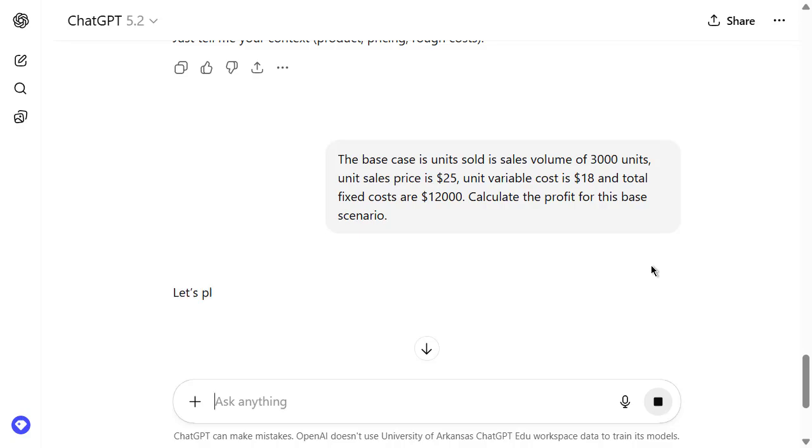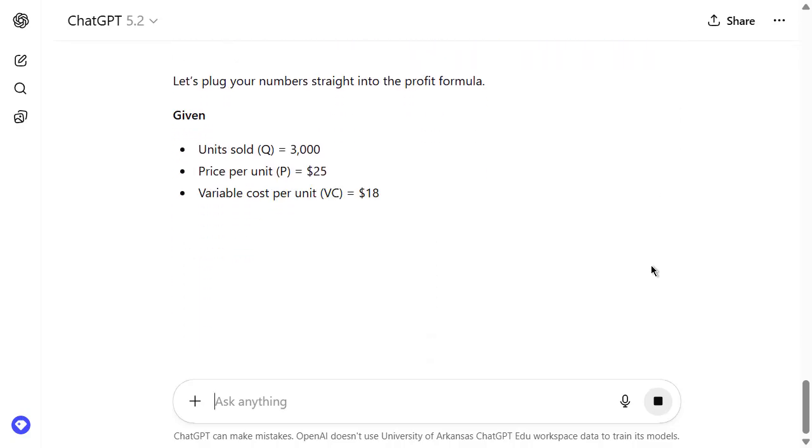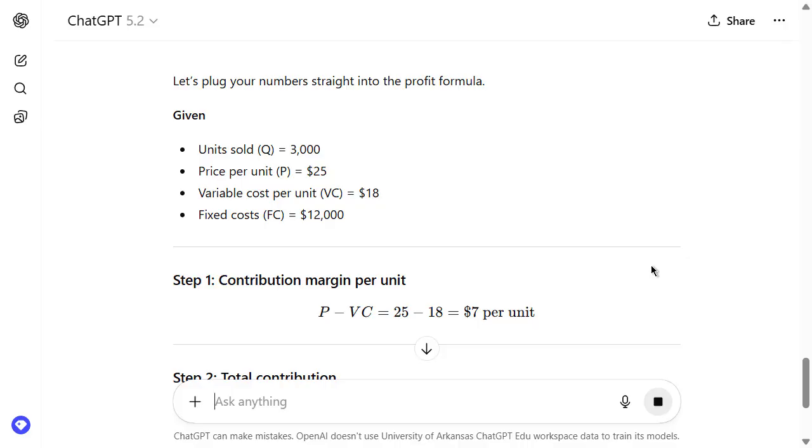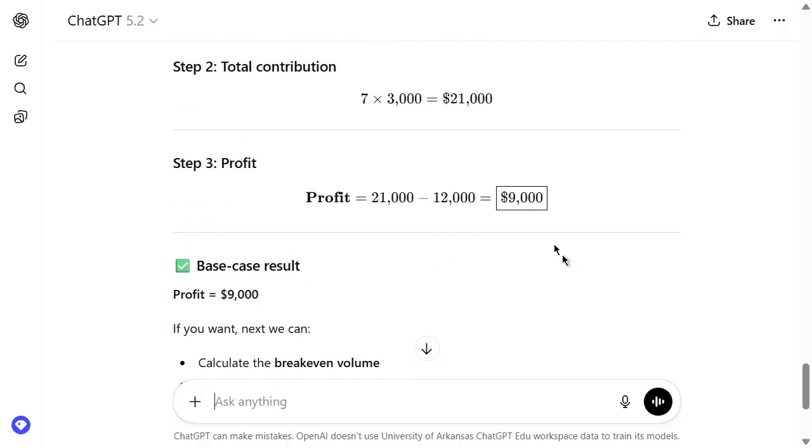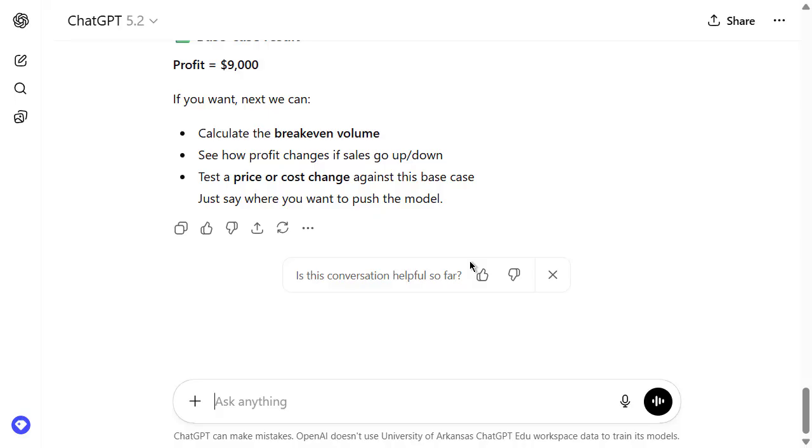So we're going to go ahead and stick those straight into the formula. Get the contribution margin per unit. That's the price less the variable cost. So for every unit sold, it looks like we get $7 toward fixed costs or toward profit. And it looks like in this case the profit would be $9,000.